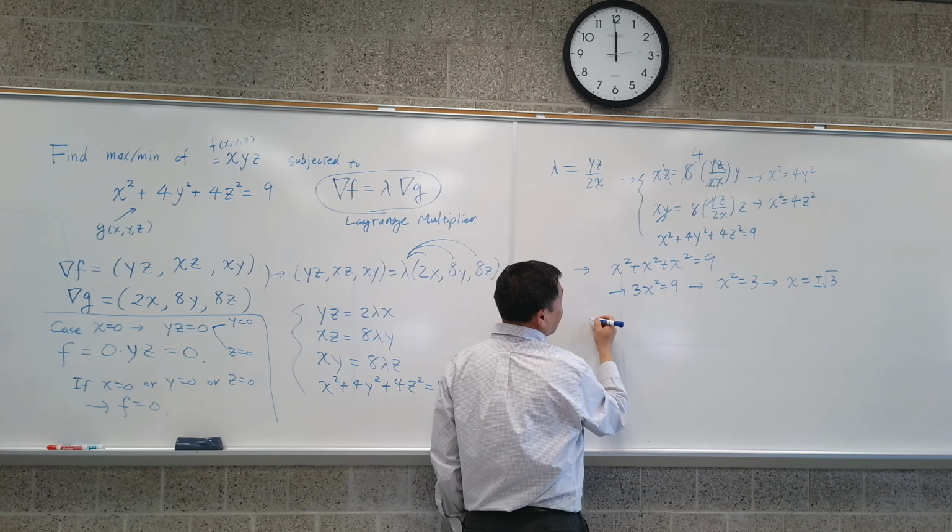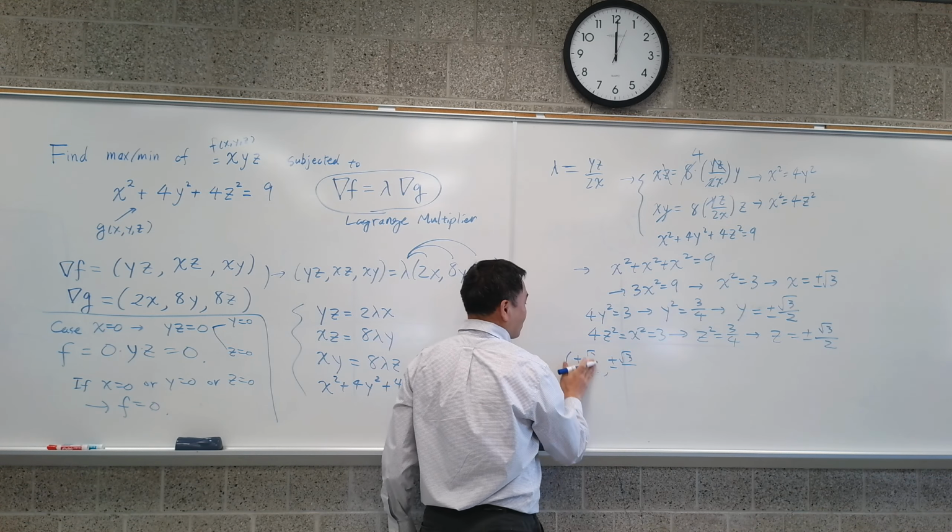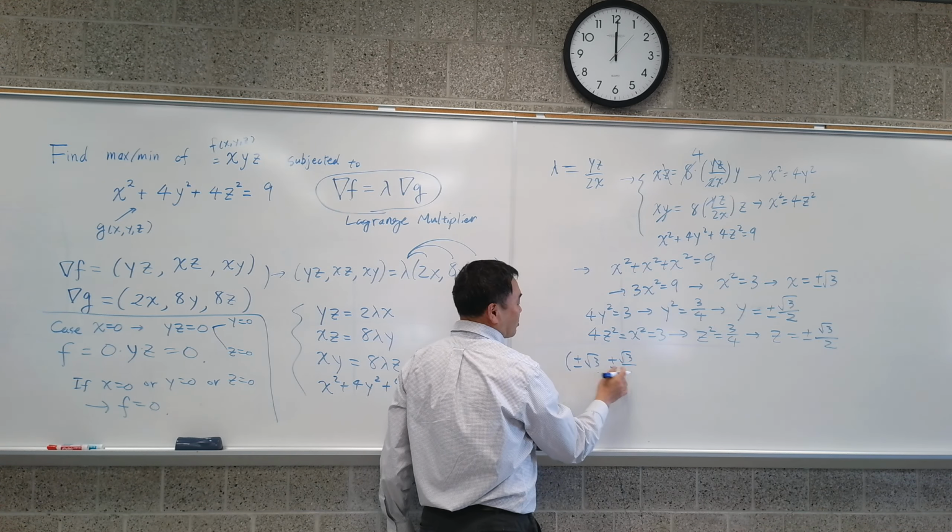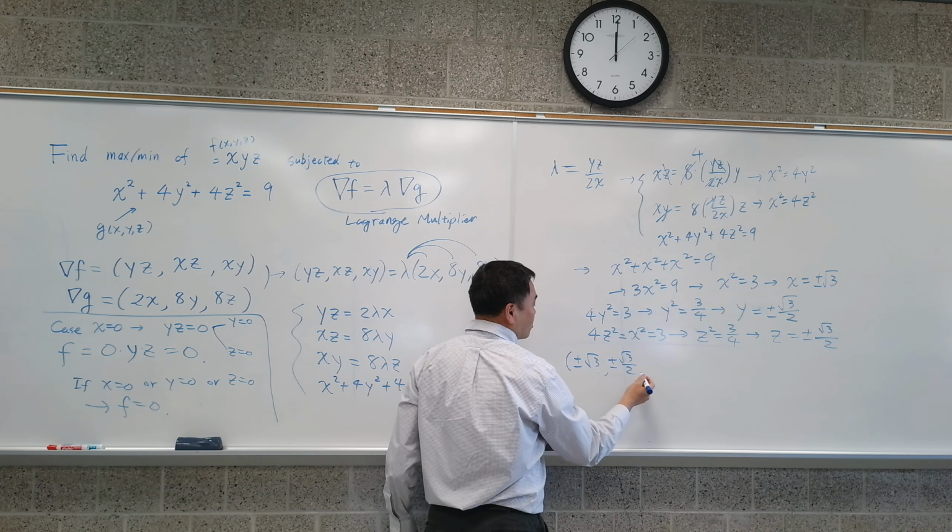And the same thing applies for z. 4z squared is x squared, but x squared is 3. So you can say that z squared is 3 over 4, which says that z must be plus or minus square root of 3 over 2. Okay, so the points where this is satisfied are plus minus square root of 3, plus minus square root of 3 over 2, plus minus square root of 3 over 2.